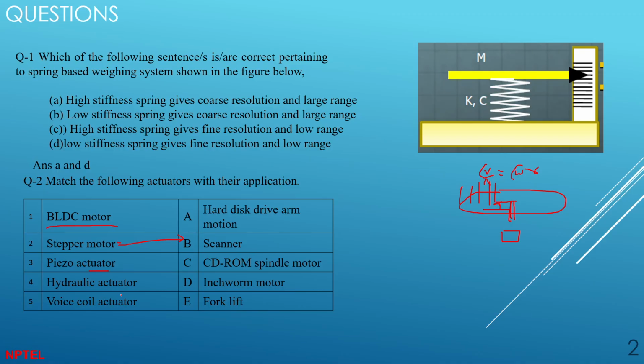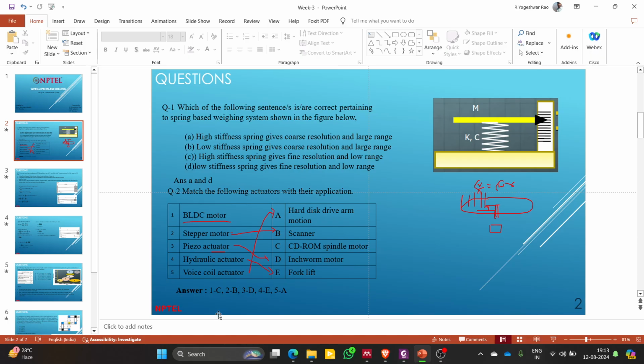I will leave that for last. Hydraulic actuators are very high powered actuators, so a forklift is the application. Voice coil actuators are used in hard disk drive motions, and I think piezo actuators are used in inchworm motors. The option will be something like 5A. So this is what your correct answer is.